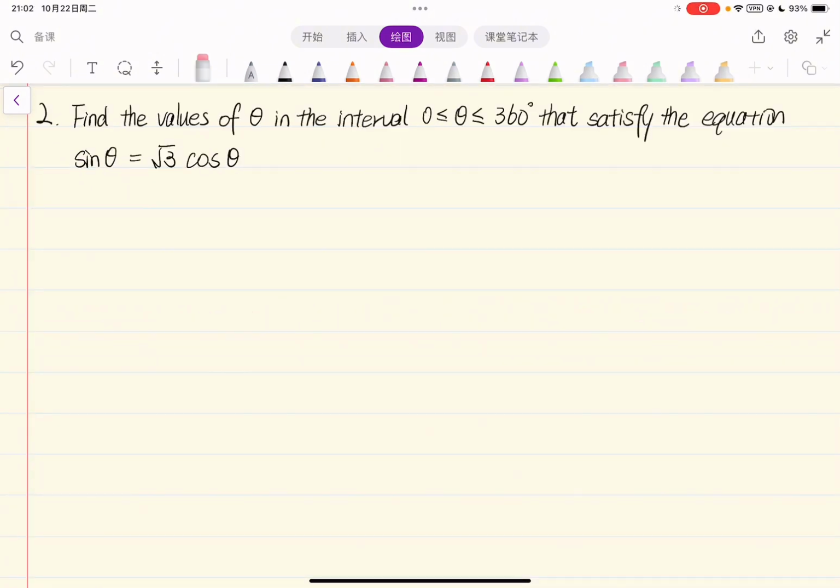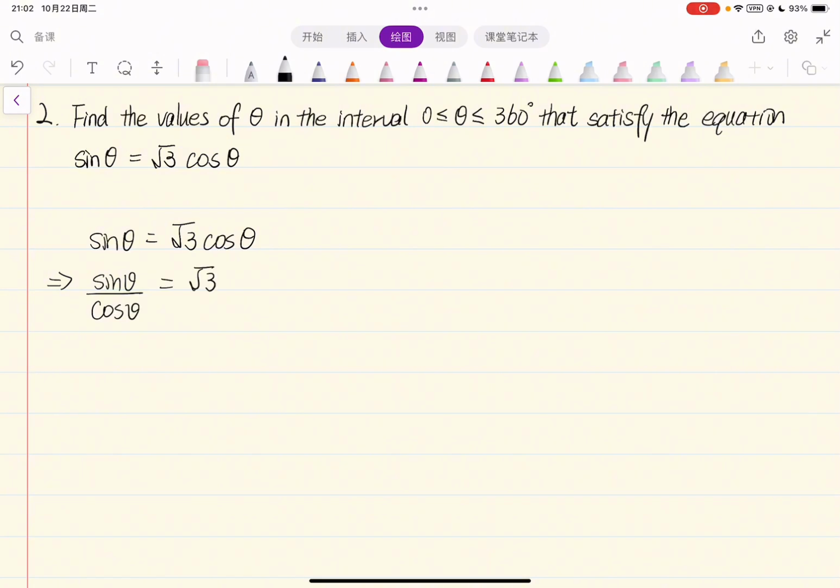Now let us see the second question. It asks you to find the values of theta in the interval theta less than or equal to 360 degrees and greater than or equal to 0 that satisfy the equation sine theta equals square root of 3 cosine theta. We can rearrange that. We have sine theta over cosine theta equals square root of 3.